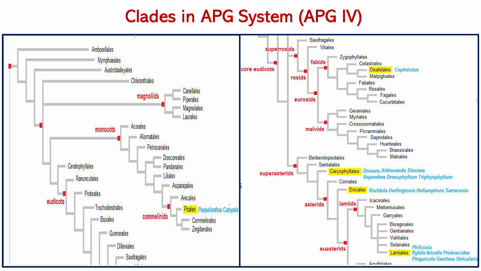Eudicots with ranunculales, rosids, asterids, caryophyllales. These are just a few examples of the many clades recognized in the APG system. The system is constantly evolving as new data becomes available and the classification of the plants may change accordingly.